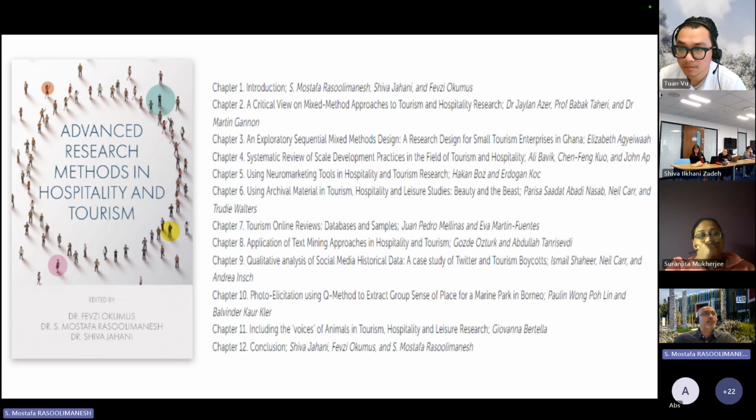This is the second book that we published through this project, Advanced Research Methods in Hospitality and Tourism. In this book you can find some chapters related to mixed methods and some advanced methods like neuromarketing, using archival material, online reviews, or text mining.